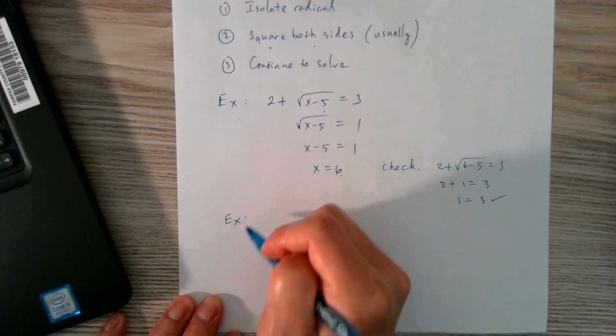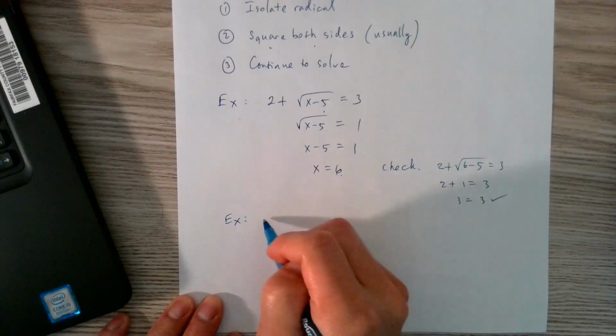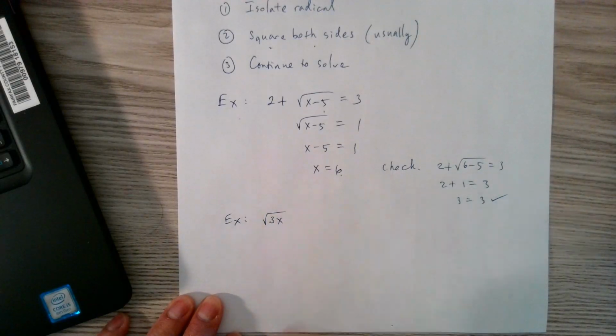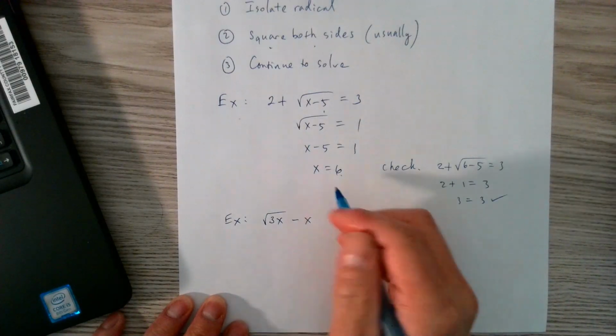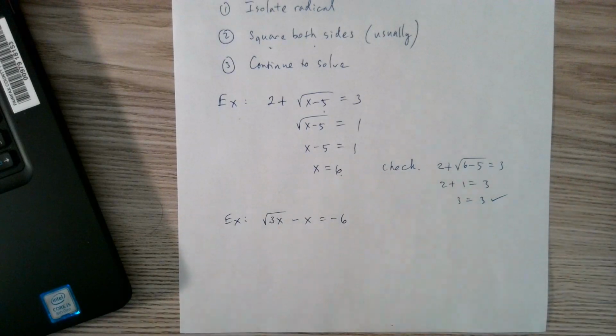Okay, second example. Now we have 3x in the rad. That minus x is not in the rad. First phase, isolate the rad.